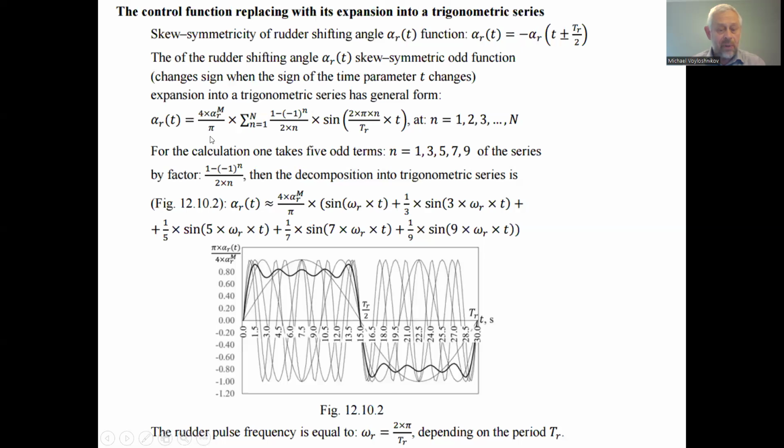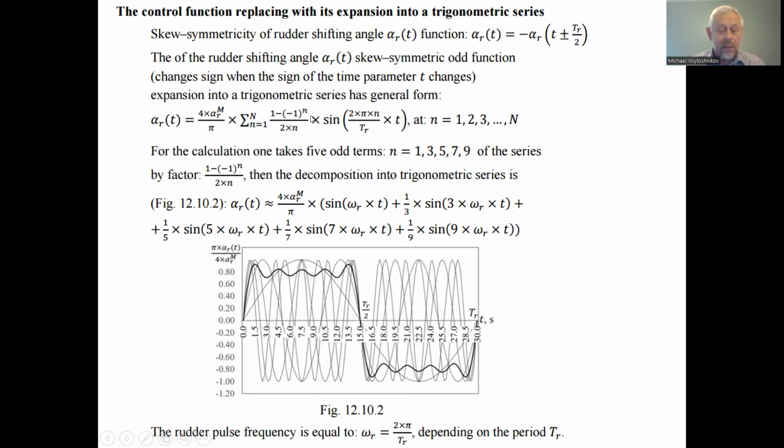So we substitute, instead of the function of the impulse nature considered here, what we can find in the type of the trigonometric Fourier series. This will be the total factor to the sigma function from 1 to n. And next we consider the definite sequence of the numbers of the term in the expansion into the Fourier series.